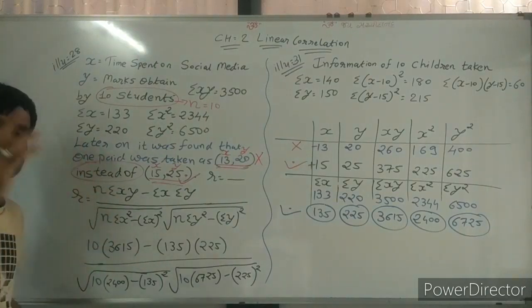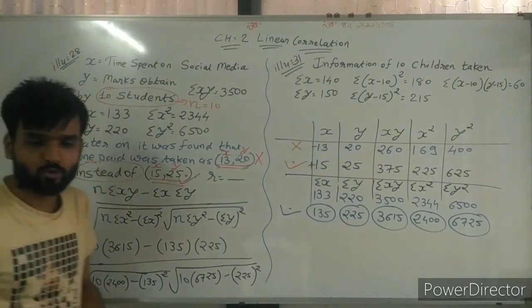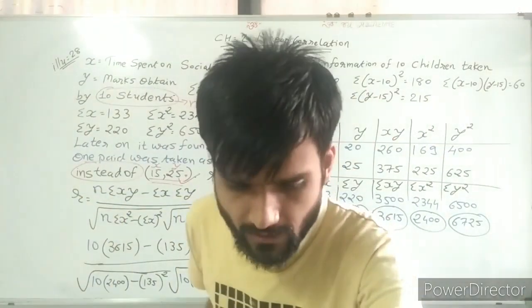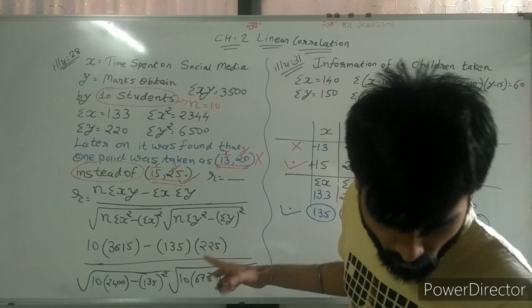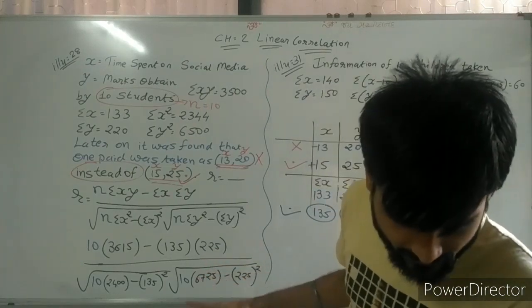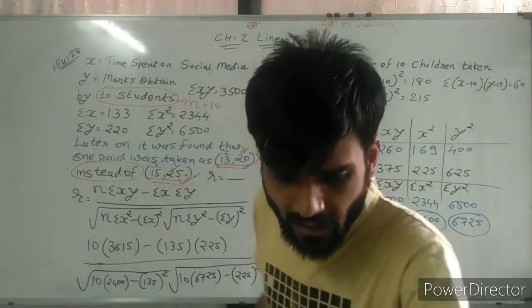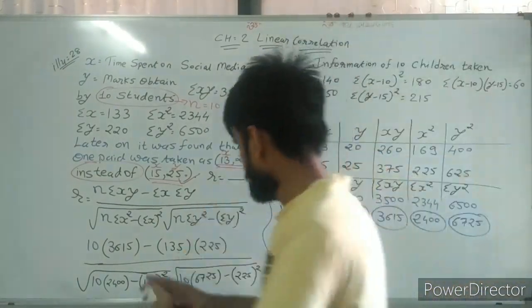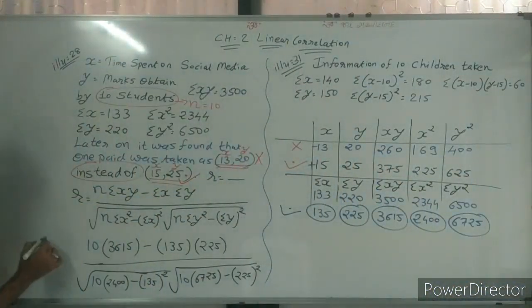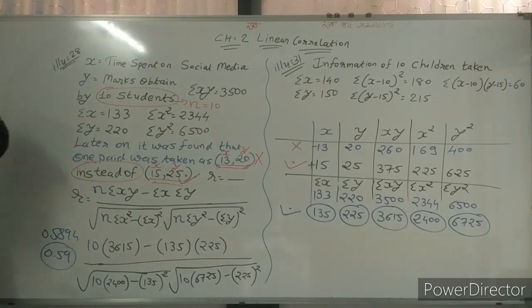Now you can do this sum yourself. That is up to you. Yes, I can give you the answer. Actually, after this whole calculation, you will get the answer 0.5894, and then approximately 0.59.